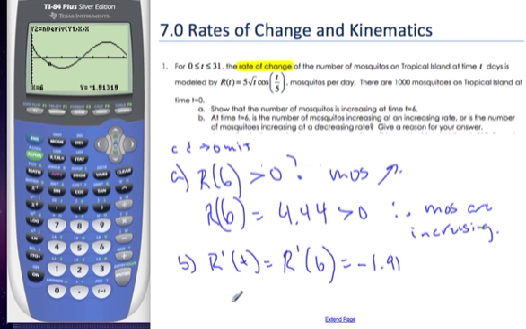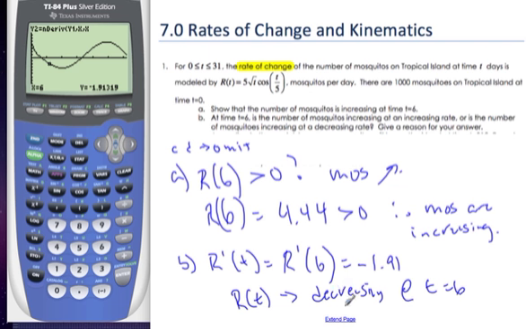That means that the rate is decreasing at t equals 6. So the rate is decreasing. It's still getting bigger, but the rate of increase is decreasing.